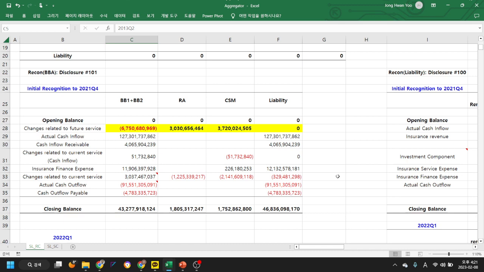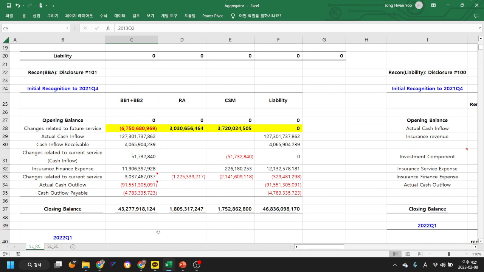So I apply that all the way up to 2021 December 31st, and then I start from here with the actual cash inflows from the database, and there is also inflow receivable as well, and some actual cash outflows and cash outflow payable as well. It has claims and expenses and everything.